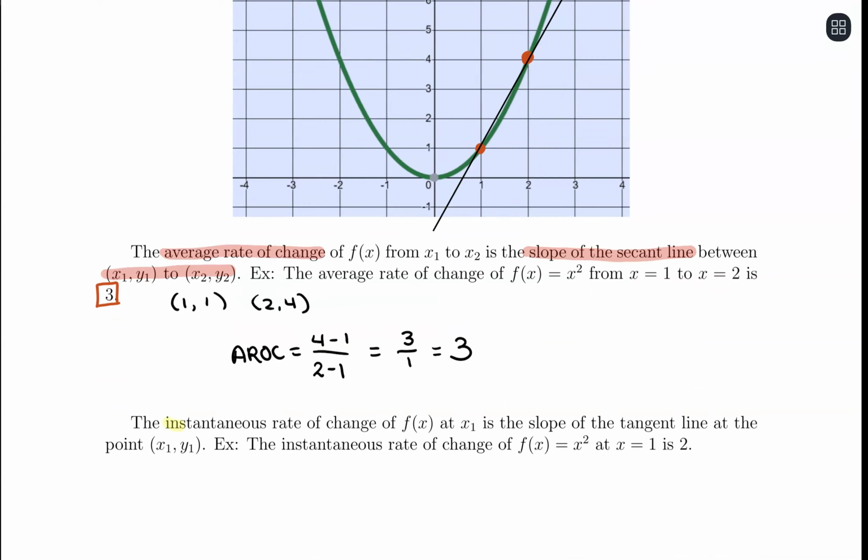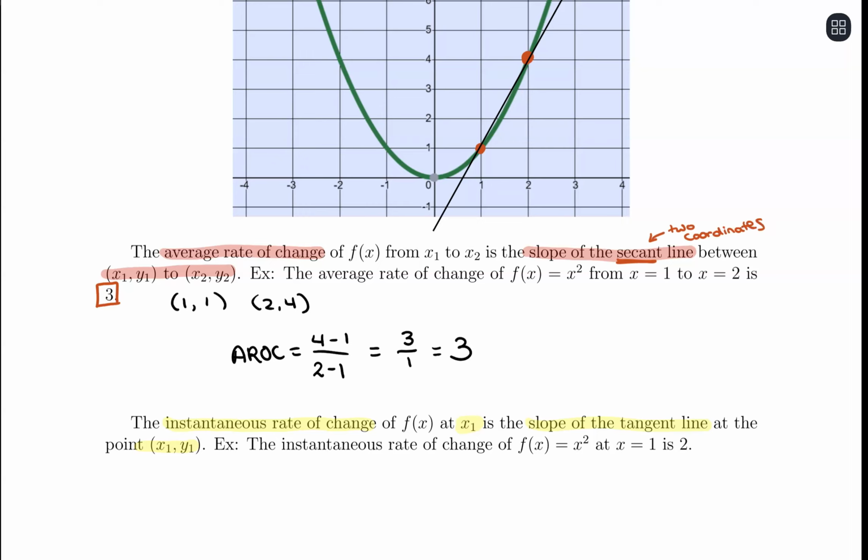The instantaneous rate of change of some function f(x), now looking at just one coordinate, at x1, is the slope of the tangent line at the point (x1, y1). Notice we changed our terminology. Up above, it was a secant line, because it had two coordinates to go through.